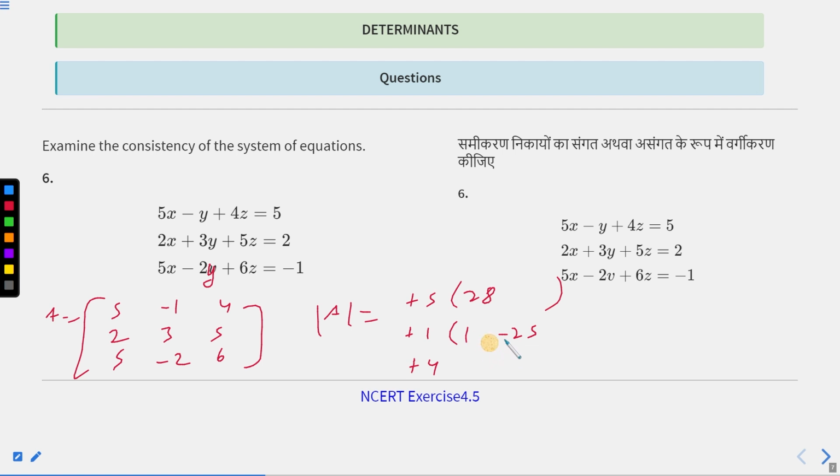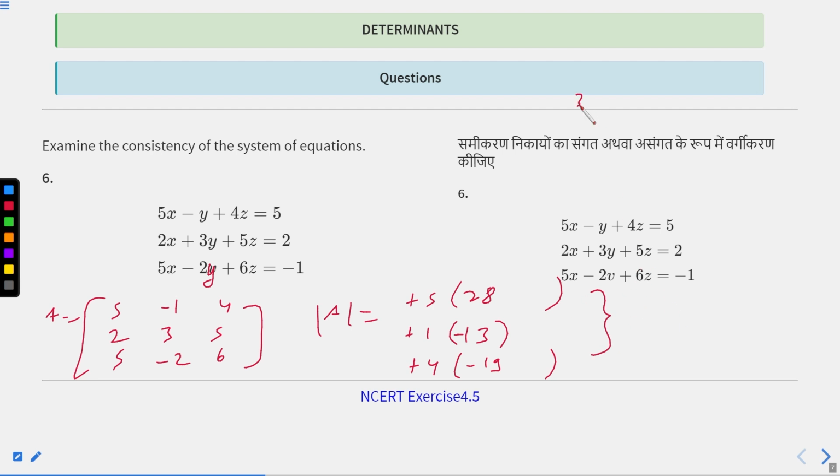Now minus 4 minus 15 means minus 19, and 40, this will be 30 minus 2 multiplied with 5.